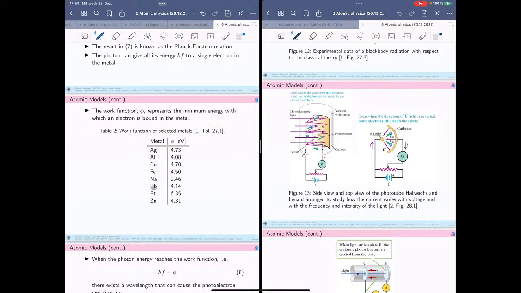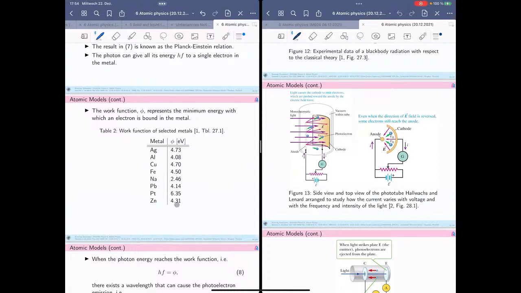All right, and the next one is lead, right? Lead has 4.14. It's quite strong because it's a kind of metal. And platinum is a special metal. It has really strong bonding force. It has a work function of 6.35 electron volt.